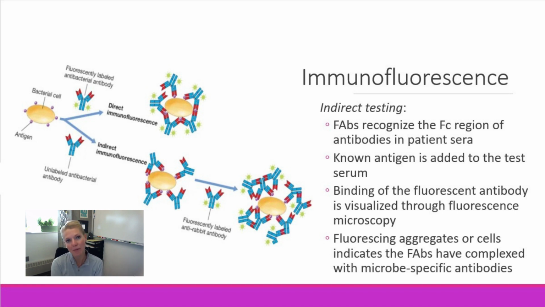And then we add a monoclonal antibody that has fluorescence attached to it, but it's going to recognize antibody. Indirectly, it's showing you, yes, the antigen is there because that antibody is recognizing antibody that is recognizing antigen. So that's where the indirect part comes in.